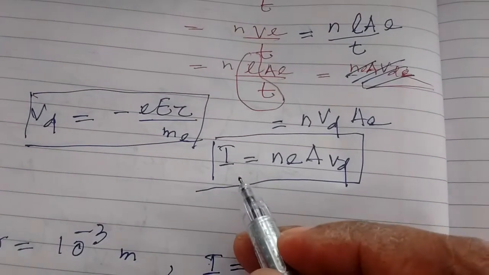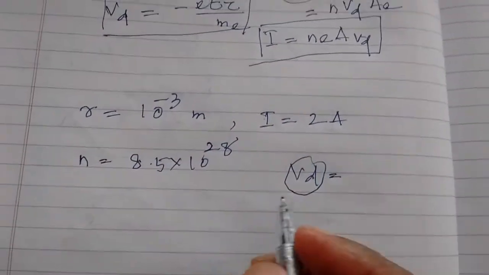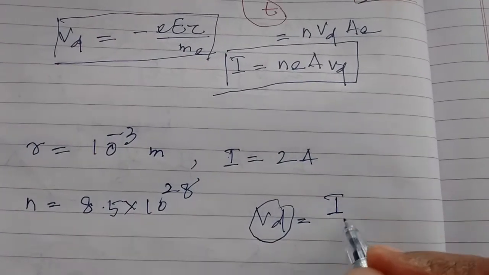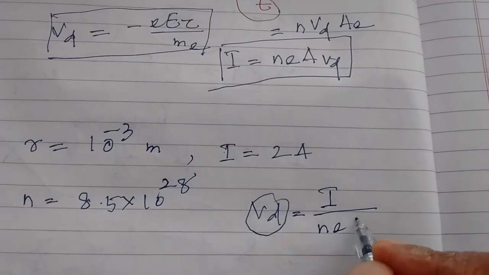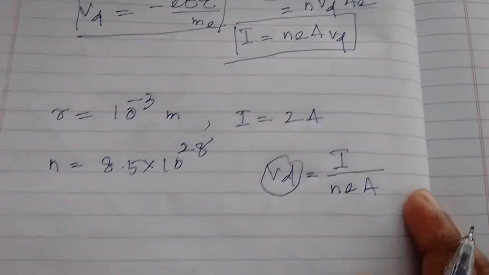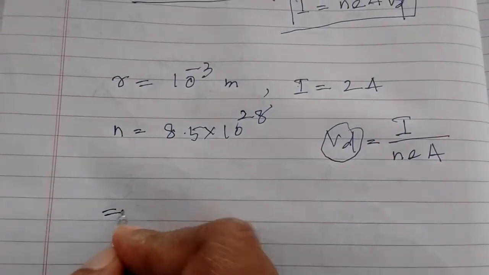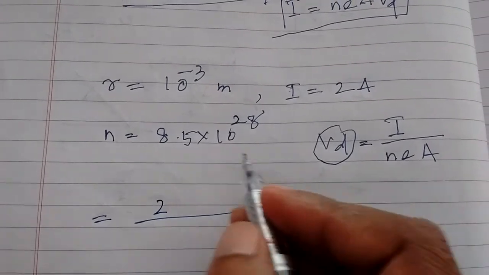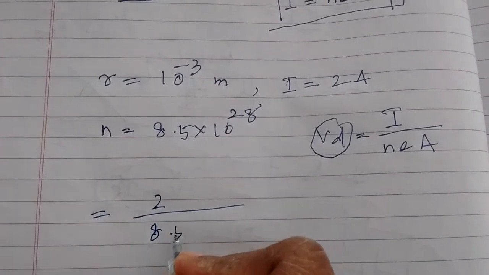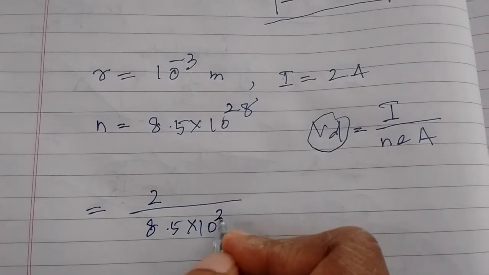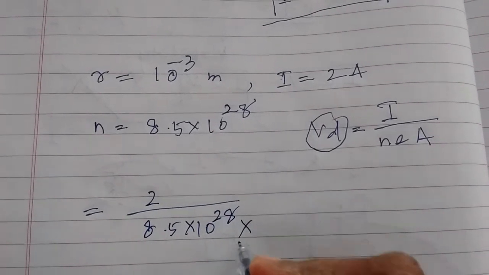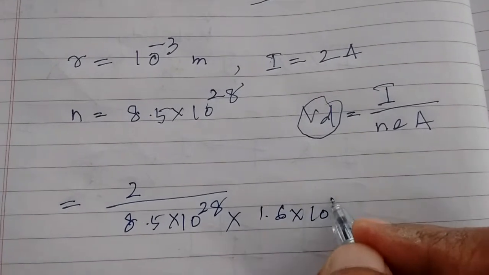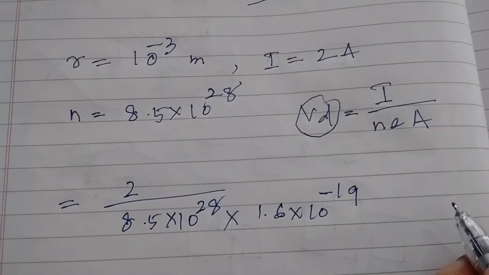Here is the formula. I is equal to NEA Vd. So Vd will become from this expression I by NEA. Okay. So what is I value here? I is 2. N concentration is 8.5 into 10 to the power 28. Charge of electron is nothing but 1.6 into 10 to the power minus 19.